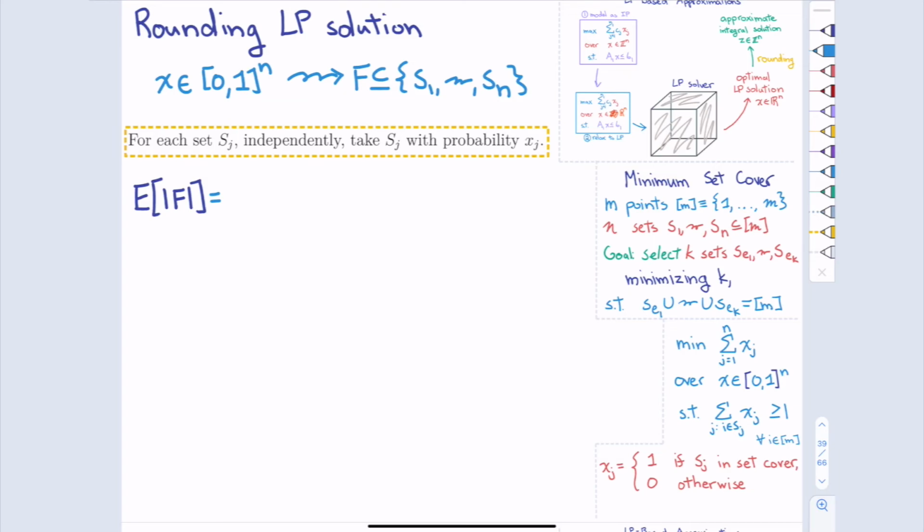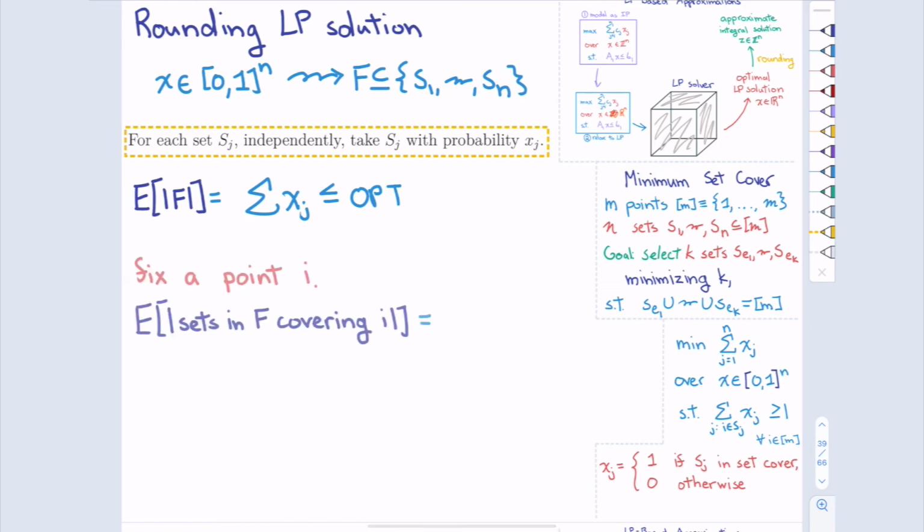Okay. So by linearity of expectation, each set is taken with probability Xj, and this is equal to the LP value, which is less than or equal to opt. All right, fine. That's not the hard part.